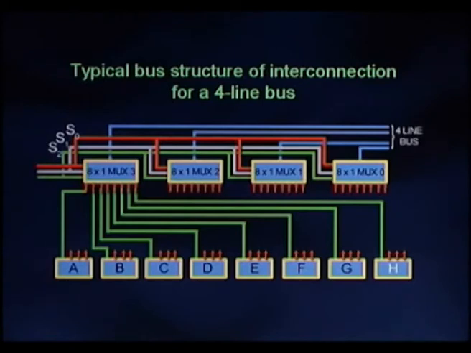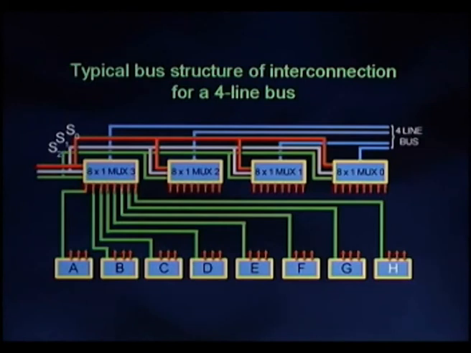In general, a bus structure will multiplex n registers each with m bits output to produce an m-line common bus. The number of multiplexers needed to construct the bus structure is m, that is the number of bits in each register.